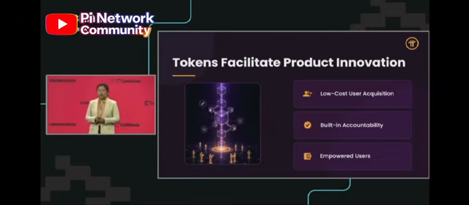From the user's perspective, they have the free choice to join and use any products like they do in Web 2, but with the difference that they have additional access to this digital asset released by the project and can access it through Pi Launchpad or DEX or AMM, as well as their ability to own and use these assets in the products of these projects.